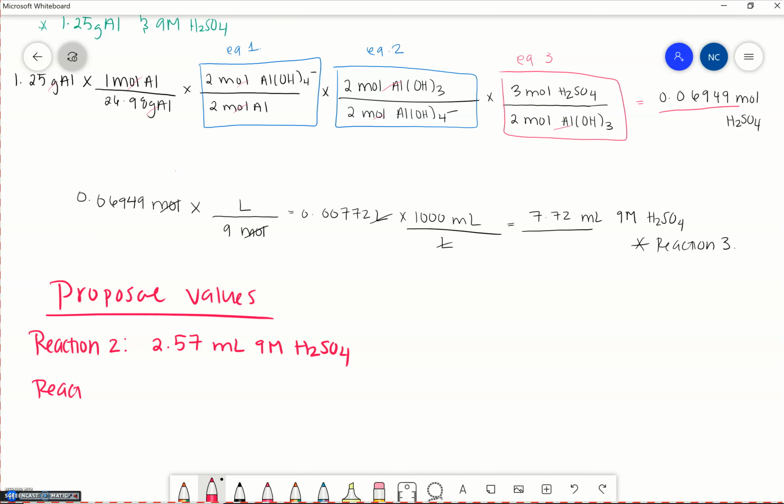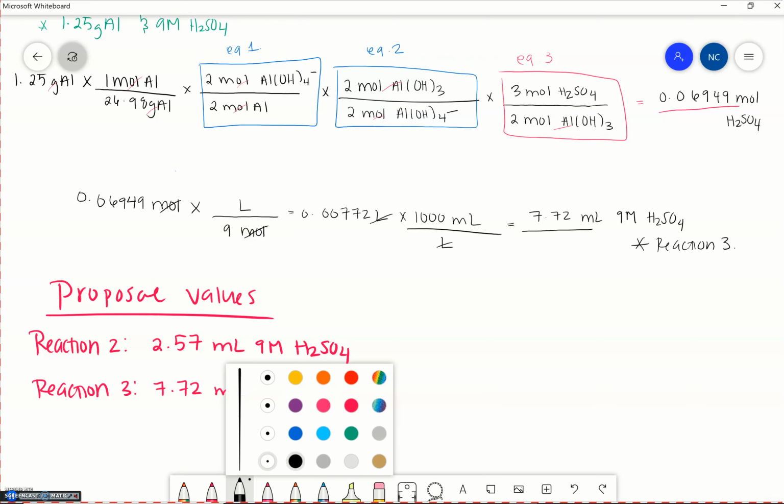And then reaction 3, you're going to add in 7.72 milliliters of 9 molar sulfuric acid. And I should see these values in your proposal.